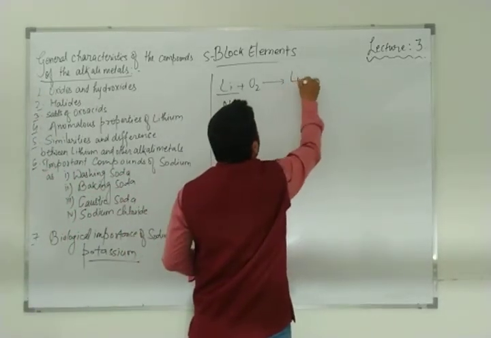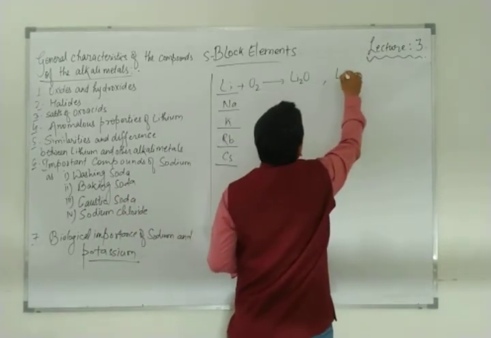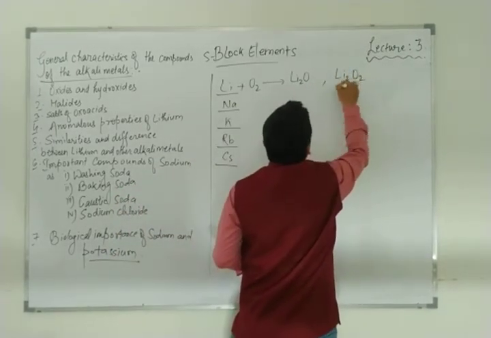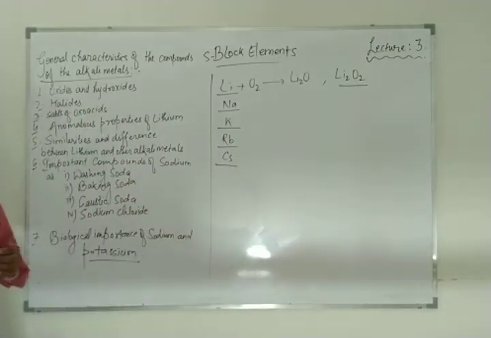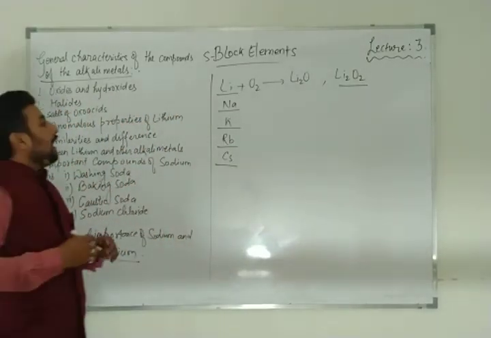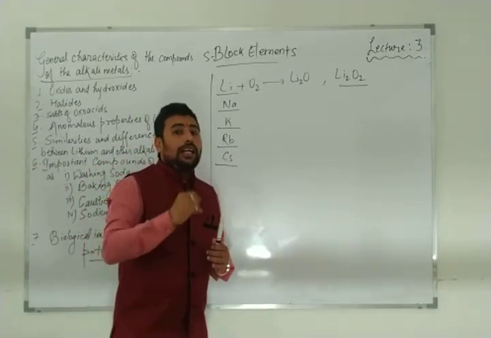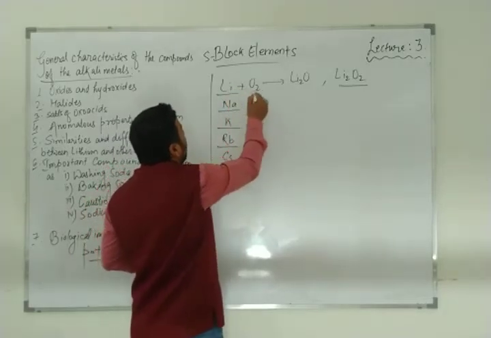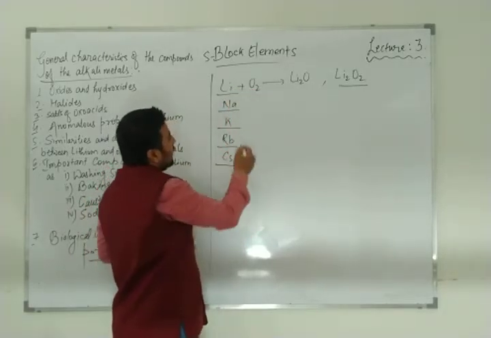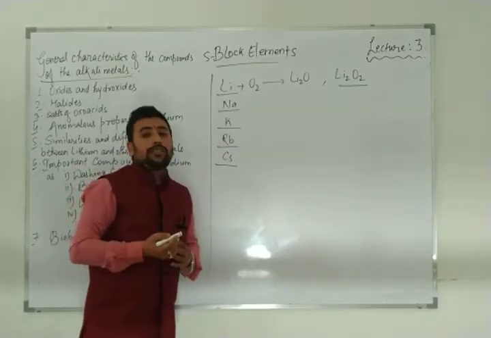But dear students, I would also like to tell you that lithium can form lithium peroxide also. In the chemical properties of alkali earth metals, in lecture number 2, I informed you that lithium gives monoxide, sodium gives peroxide, and potassium to cesium give superoxide.